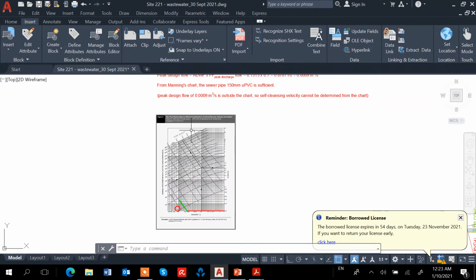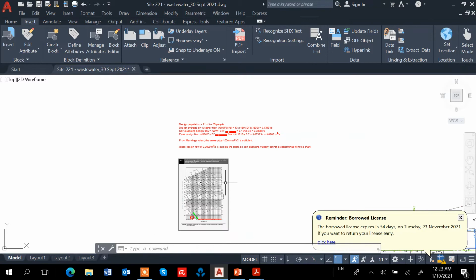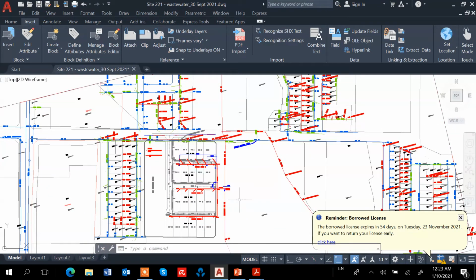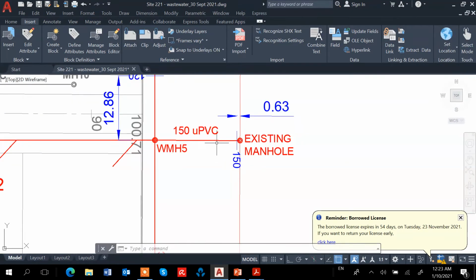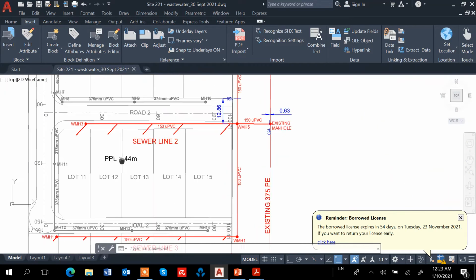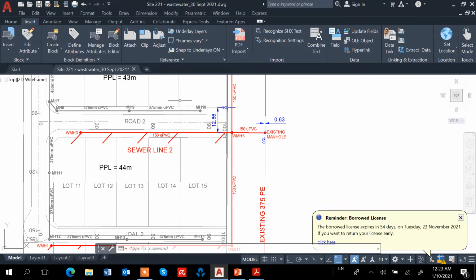So that's the design aspect of this. Actually, this is to find the discharge into the existing pipe, because the 21 lots are not along draw 1, draw 2 or the road 2, but it's for the whole thing.